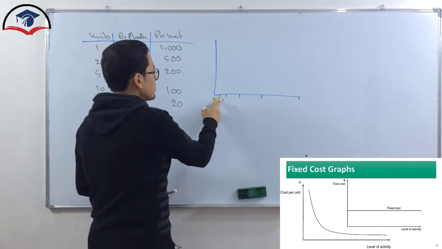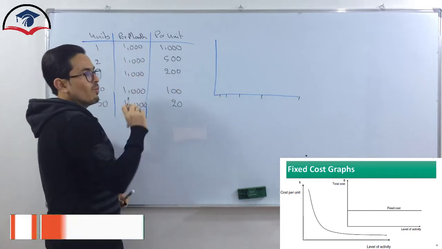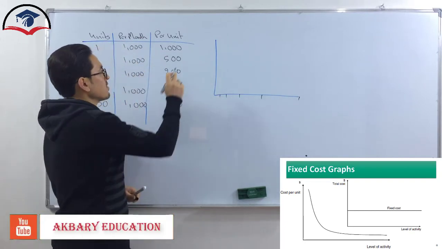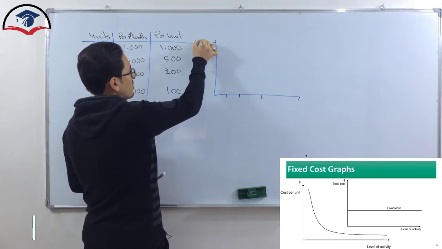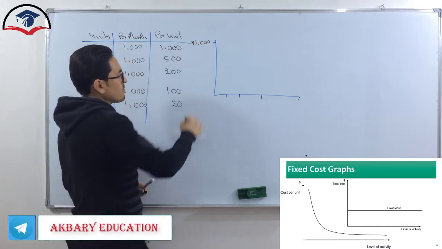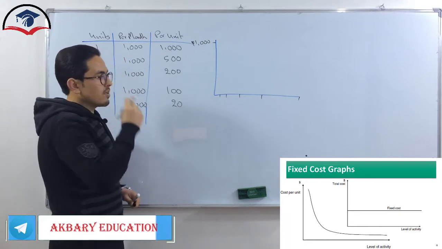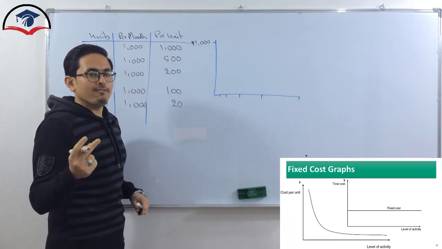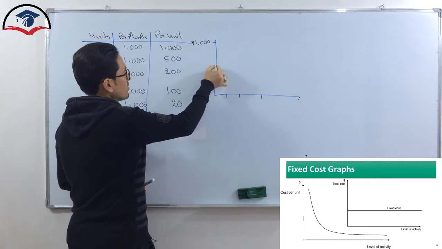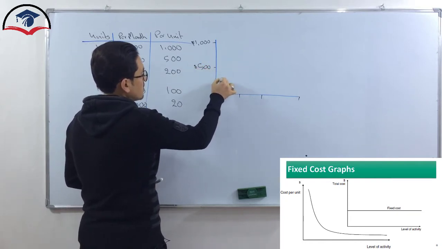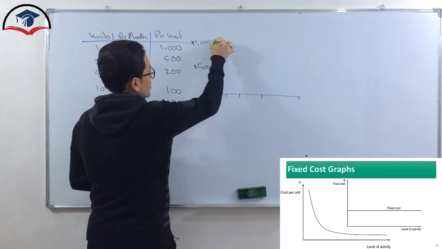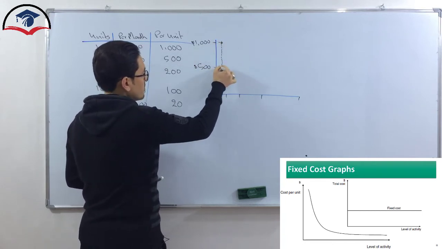What is the cost when I have one student in the class? $1,000. Suppose this is $1,000. What is the cost when I have two students? $500. Suppose this is $500. Let me draw that. This is the point.